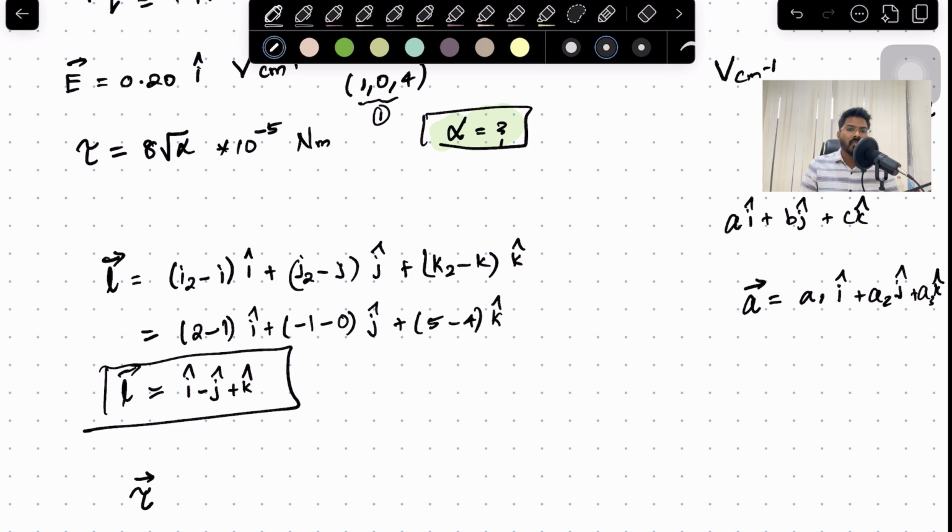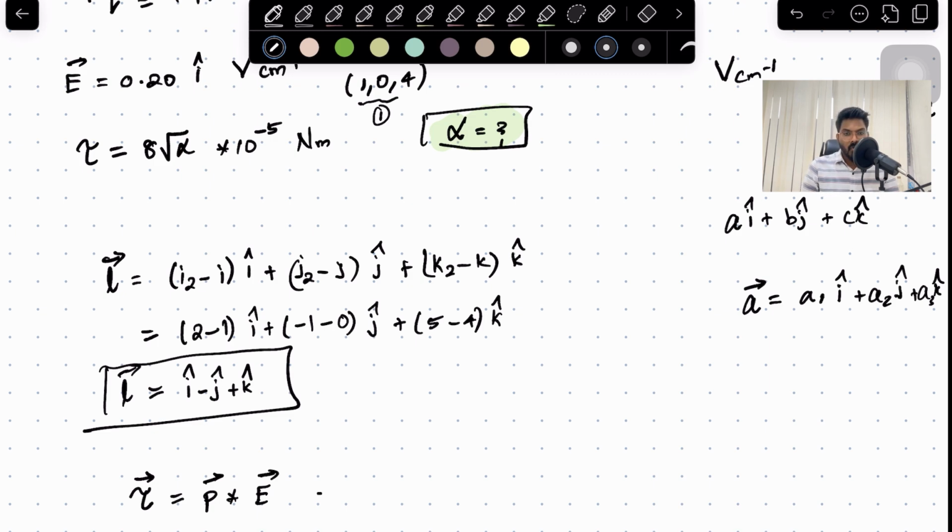If I express it as a vector, torque vector is given by the force and the moment. So in this case, P vector cross E vector.